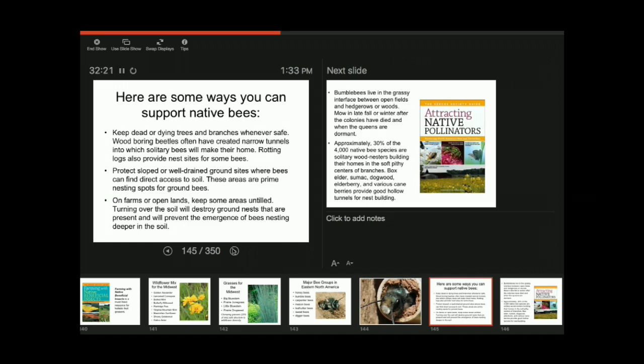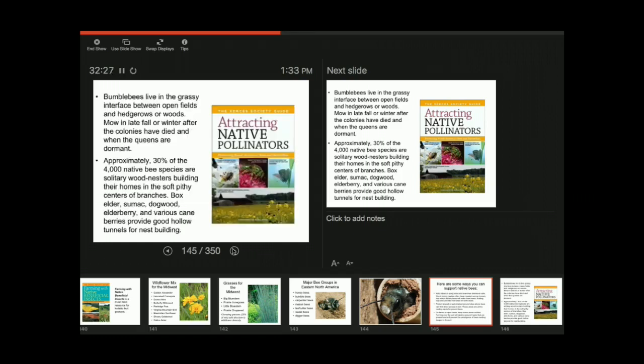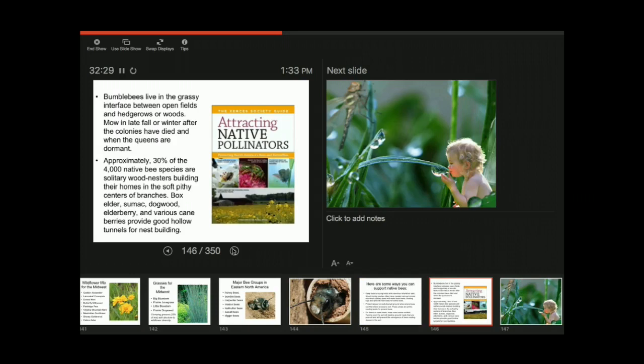And usually you'll see bumblebees, but they'll be the queens, but the brood numbers aren't there yet. There's another book put out by the Xerces Society called Attracting Native Pollinators, and this explains the habitat of all these various little bees and different hints of how you can go about increasing their numbers in your ecosystem.